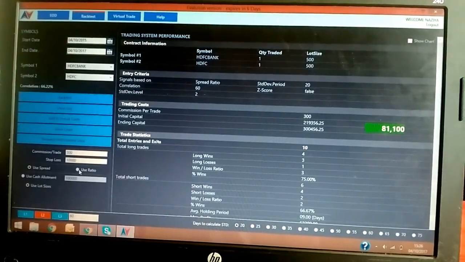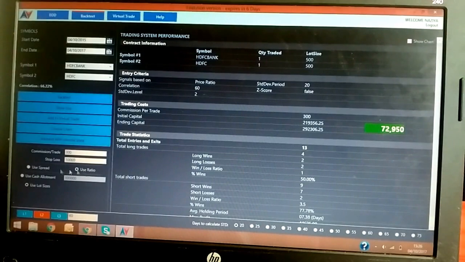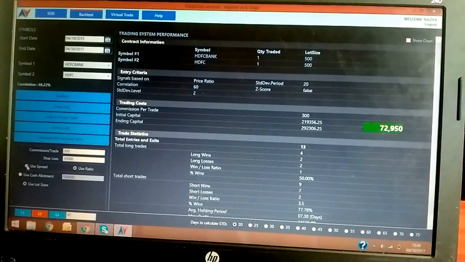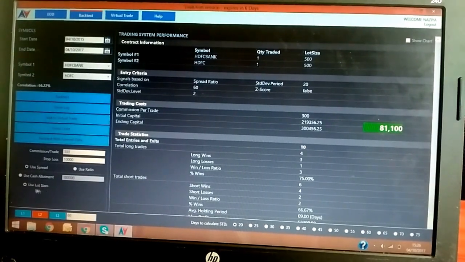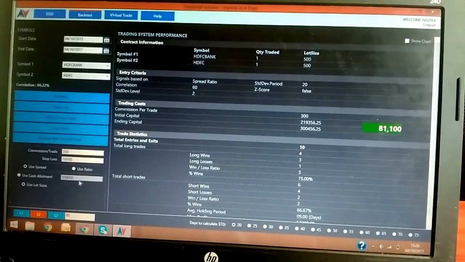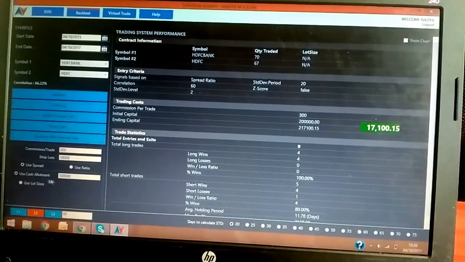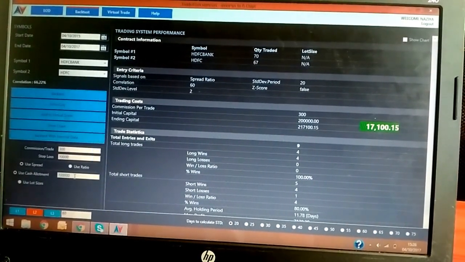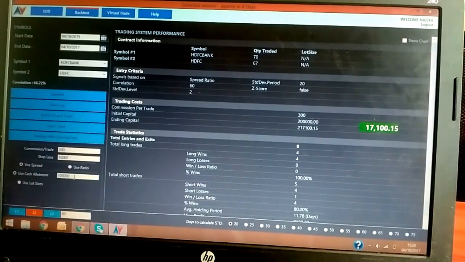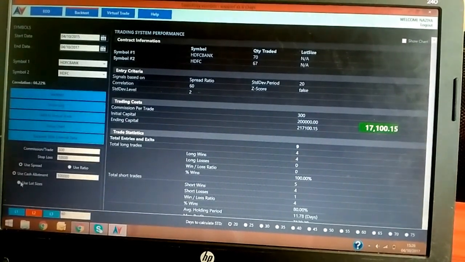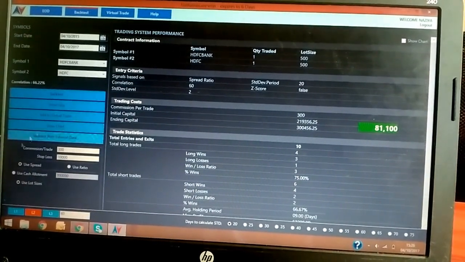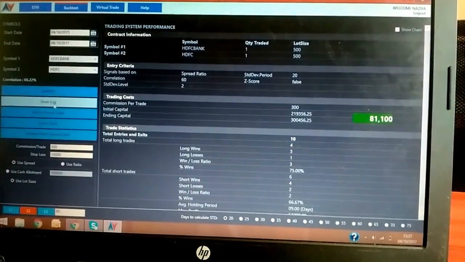Just click like this, ratio and spread. If you want to use lot sizes, you have to click here. But if you want to use cash, then click on use cash allotment, and you can put 1 lakh, 2 lakh, 3 lakh, whatever amount you want. Once this is done, just click on show log.